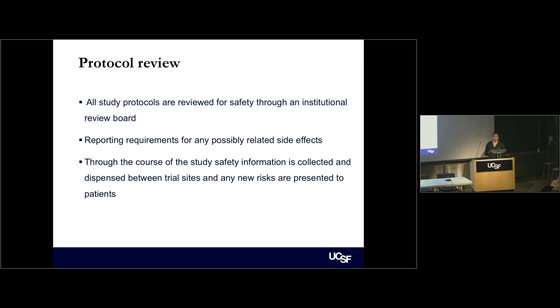So once we develop this protocol for the study, the protocol goes through a very thorough review. It's first going through the scientific committee and the safety committee. So the scientific committee looks at a protocol for scientific merit. So it's saying, is this study designed perfectly to answer the questions that the researchers want to know? And then it will go through the safety committee, which is our institutional review board.